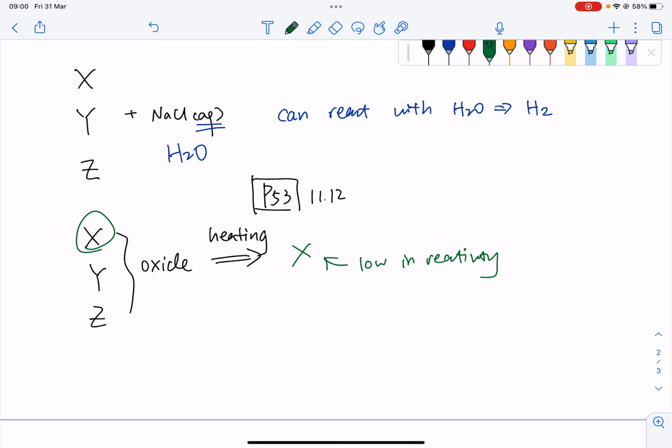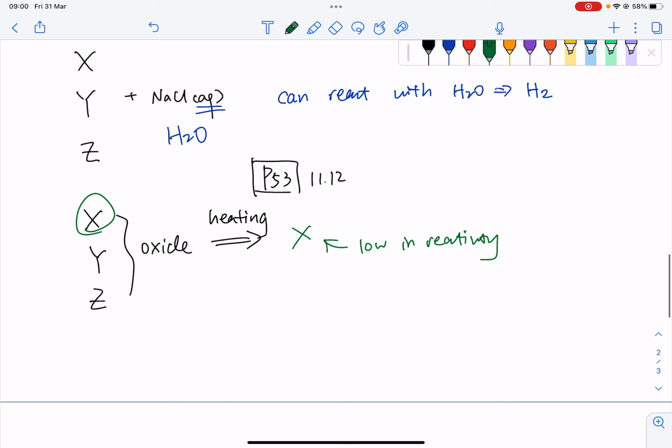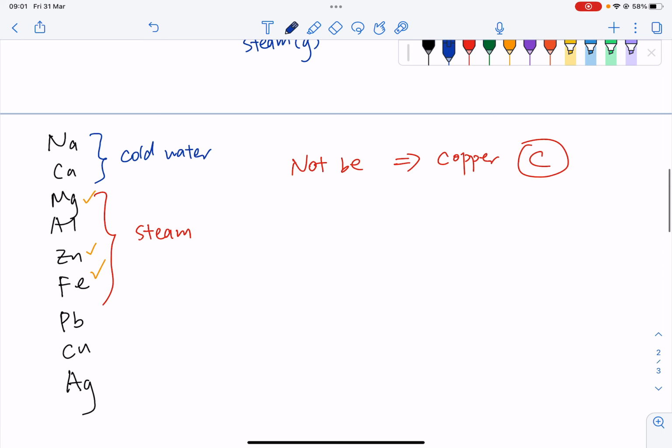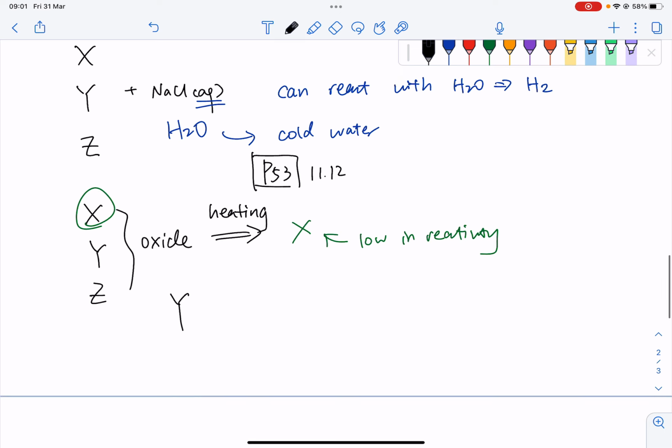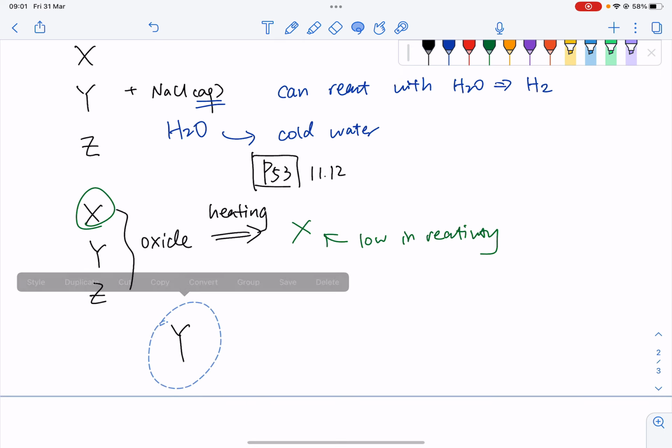So for this one, we know that because H2O is cold water here, if there's one that can react with cold water, this one should be relatively more reactive on our activity series, right? So if you forgot, take a look at here. Sodium and calcium can react with cold water. So we know that Y should be the most reactive here, as none of the others can react with the later part.